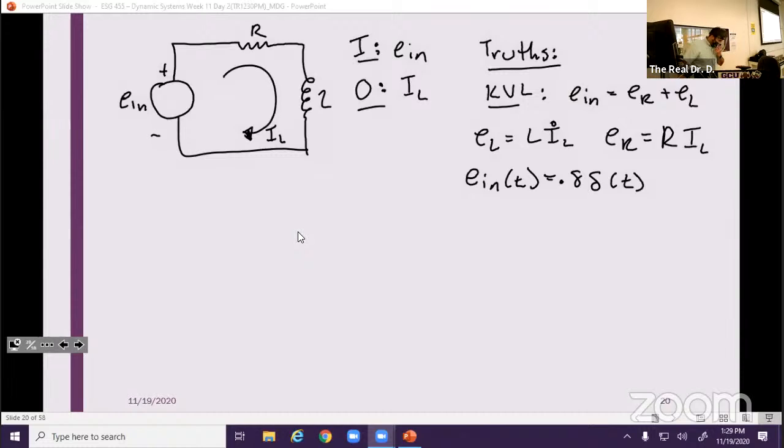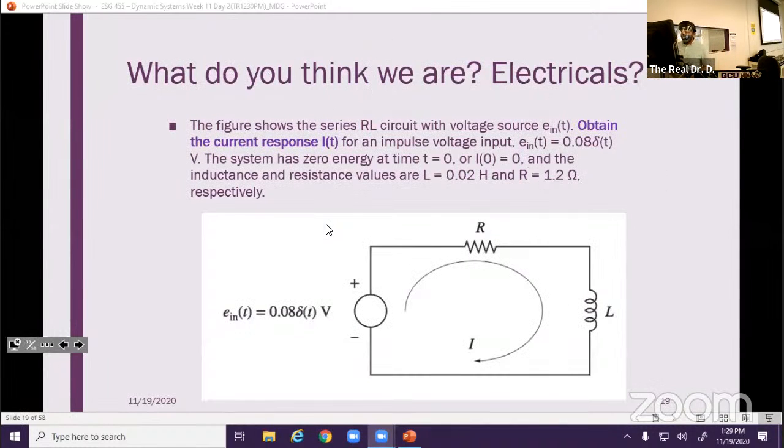We were given some initial conditions as well, but our initial condition is that the current is 0 at time equal to 0. So we're basically just making the transfer function here.